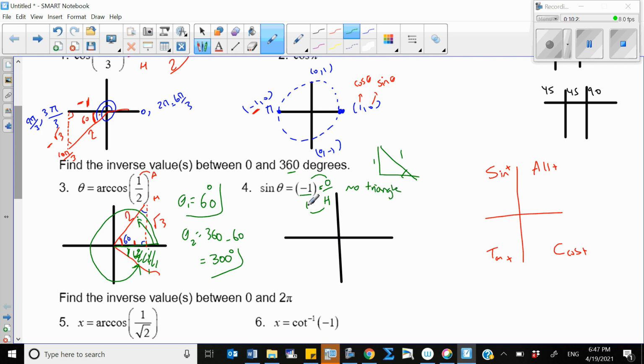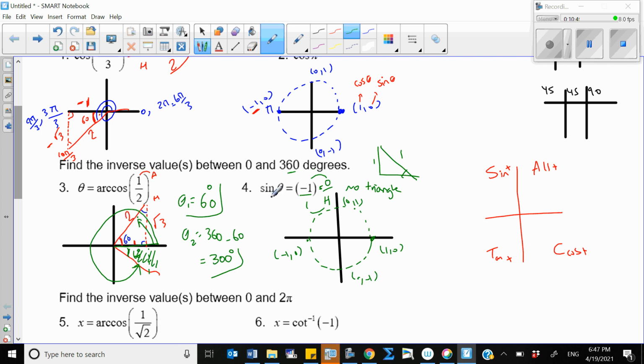If there is no triangle, that means we need to use the coordinates. So we assume that we have a unit circle here. This is 1 and 0. We just write the coordinates again. This is 0 and 1, and 0 and -1. And we know that once again, the y value is sine, and the cosine value is the x.